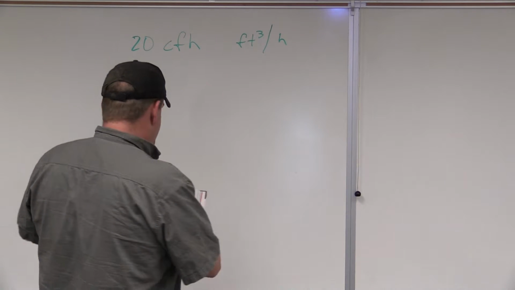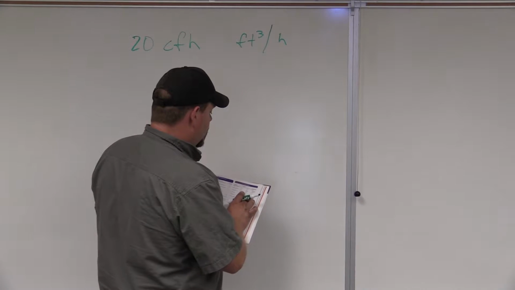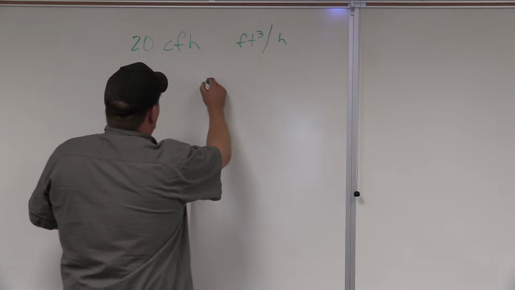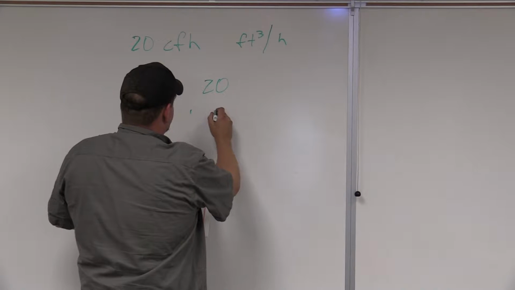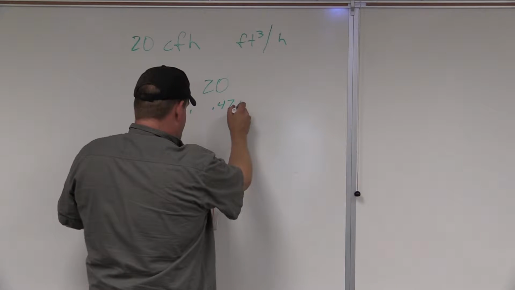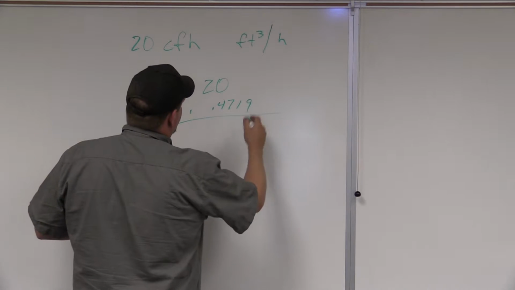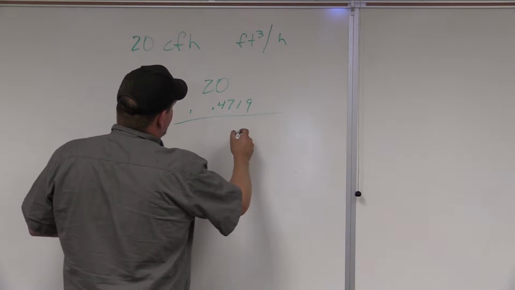To convert from cubic feet per hour to liters per minute, you multiply by 0.4719. You can do it on a calculator fairly quick.